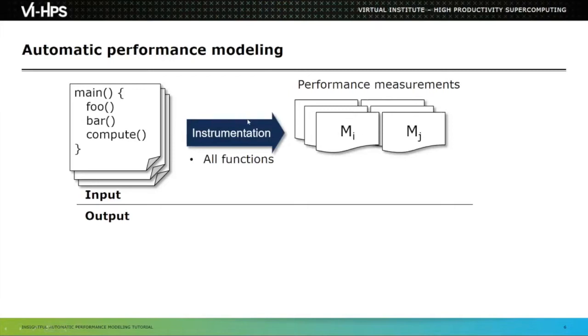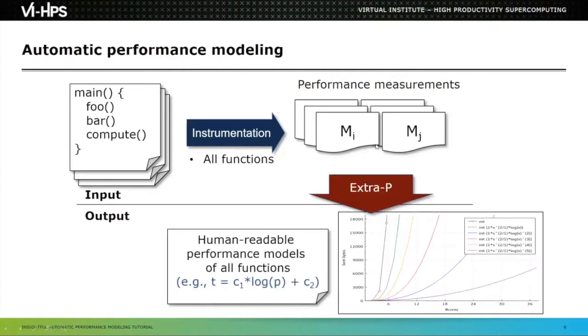We do these measurements not just for one configuration of this application, but for several. Application configuration means, for example, the parameters that I use to run the application. So if we have our batch script, we might run the same problem size for our scientific code, but use another number of processes. We might use 16 processes, 32, 64, 128. So we take different measurements of the application at different scales.